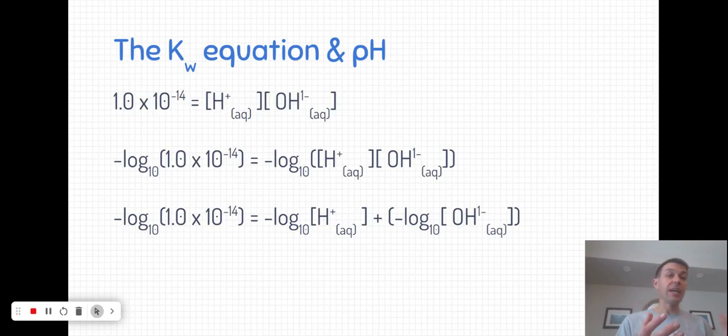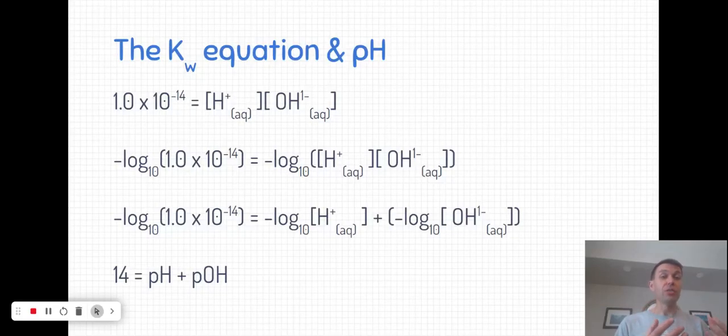The right-hand side contains two values that we often refer to as pH and pOH. If we take the value of negative log base 10 of 1 times 10 to the negative 14, we get the value 14. When you add the pH and pOH of a solution, they will always sum to be 14.